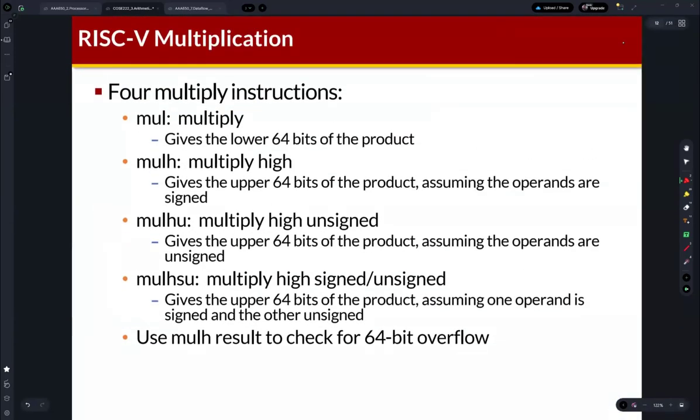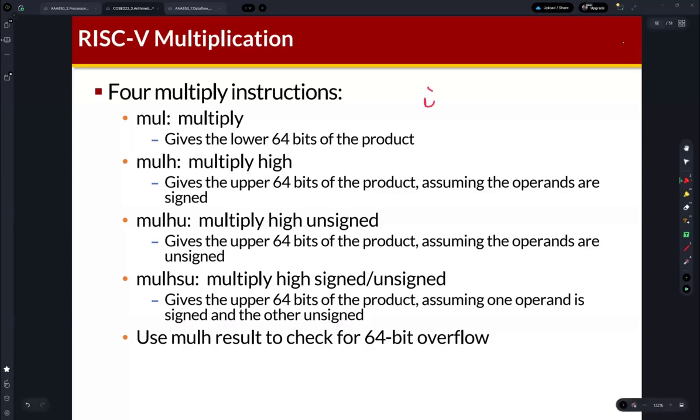So RISC-V also supports the multiply instructions, right? But in order to use these multiply instructions, we need to add the multiplier or divider extension for RISC-V.